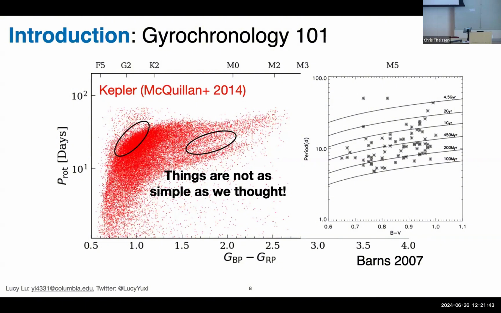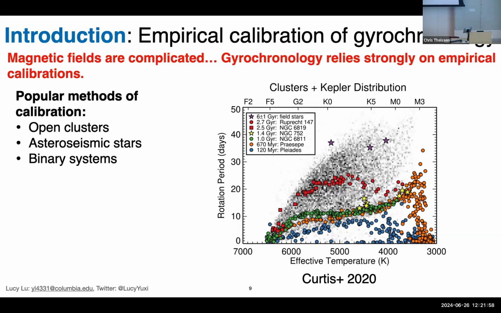All these substructures show us that things are not as simple as we thought, because if stars spun down Skumanich style, we would not be seeing these gaps and pileups. As a result, gyrochronology relies very strongly on empirical calibration because we don't understand magnetic fields in stars that well yet.